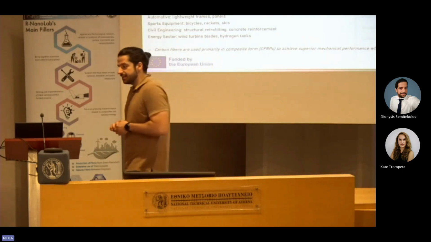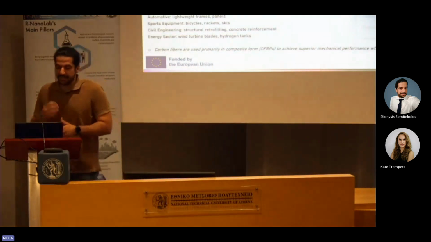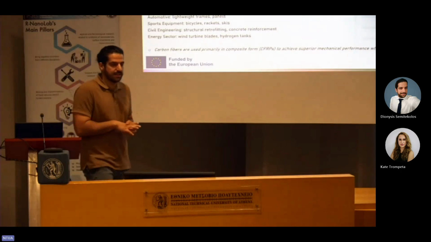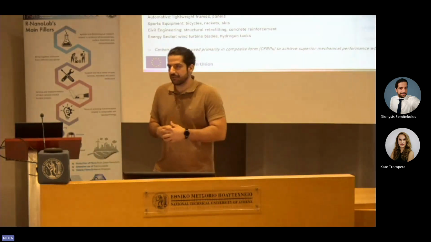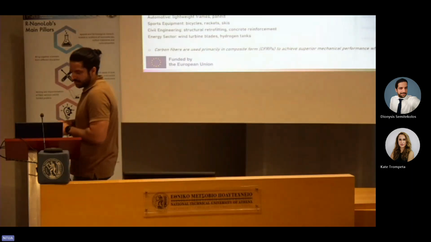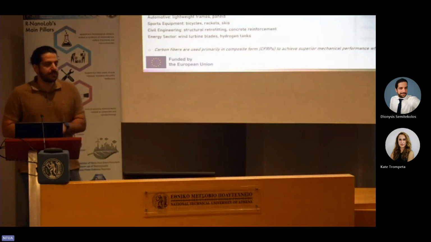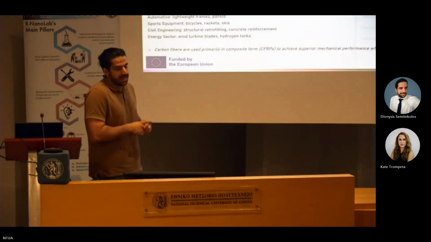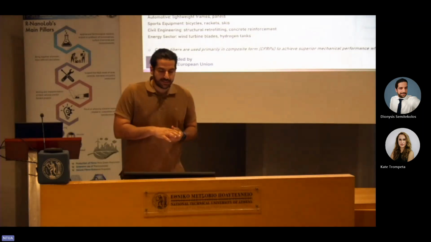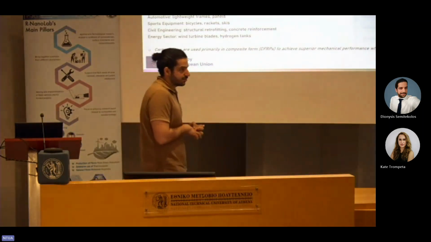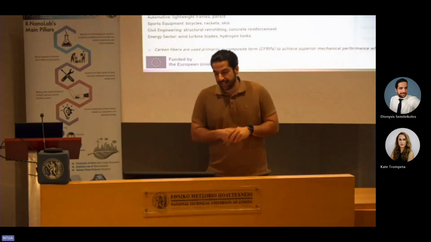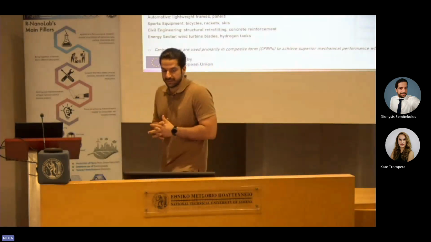These atoms are arranged in a graphitic or in a turbostratic structure. We're going to explain what this is. Probably you're familiar with the graphitic structure, with the planes of the graphite, which is called graphene. And we use them because they have exceptional strength-to-weight and stiffness-to-weight ratios. This means that they are very light and very strong, very durable.